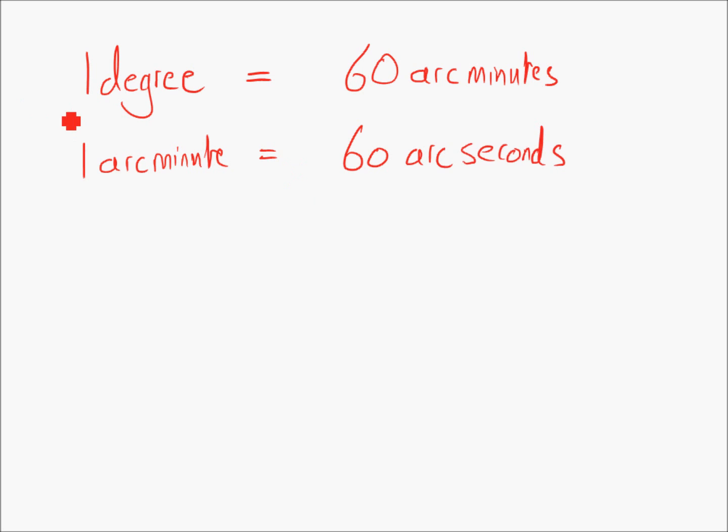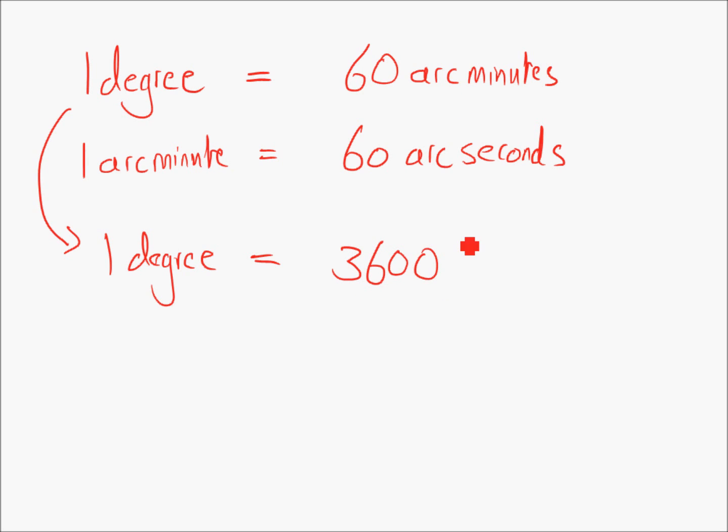So in 1 degree, there are 60 lots of 60 arc seconds: 60 arc seconds in 1 arc minute, 60 arc minutes in 1 degree. That works out as 3,600 arc seconds in 1 degree.